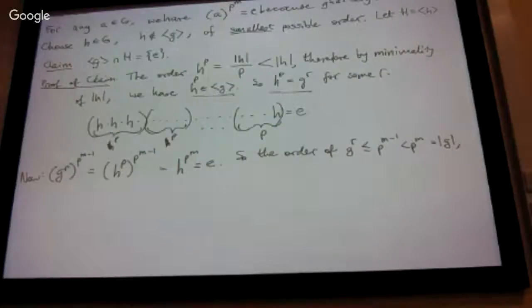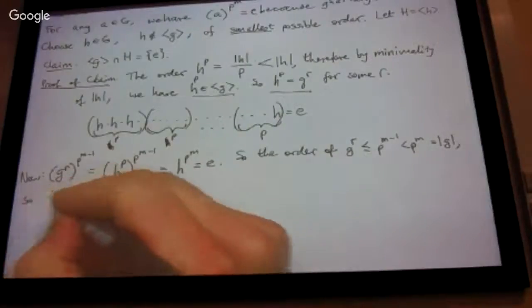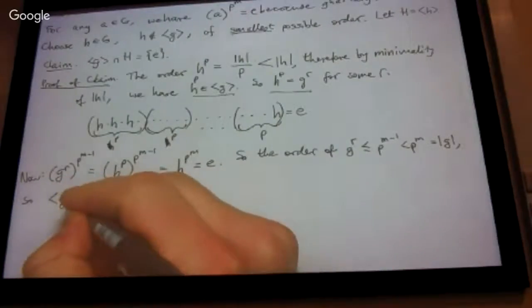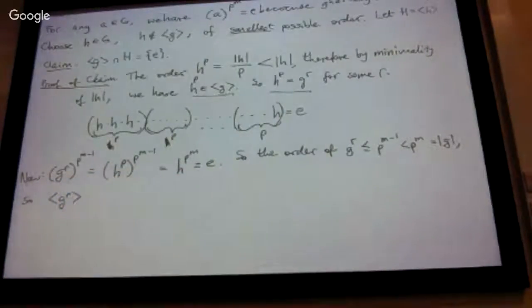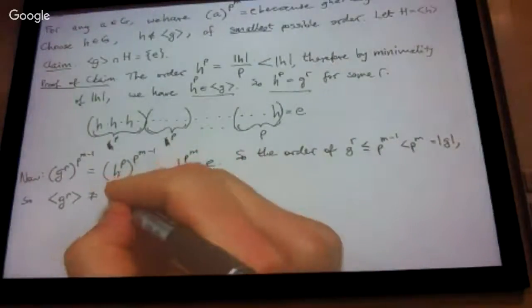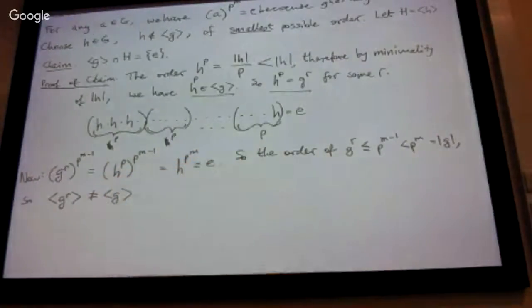What does that mean? Well, that means that if I look at everything that's generated by this g^r, it is not the same thing as what was generated by g, because g generates p^m things, whereas g^r generates fewer things. So it's not the whole thing.